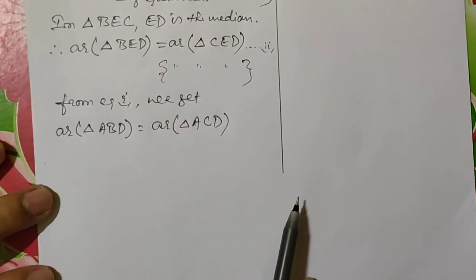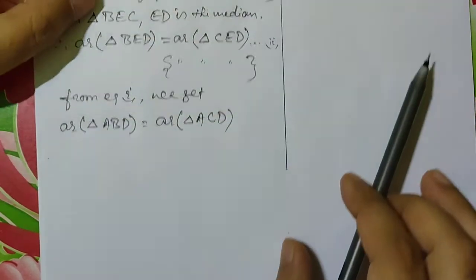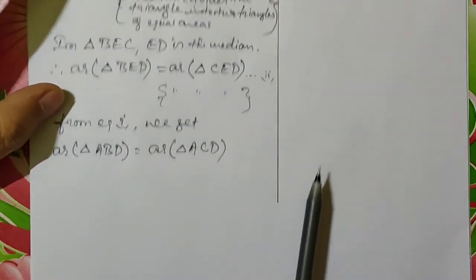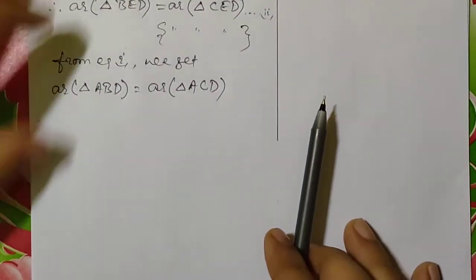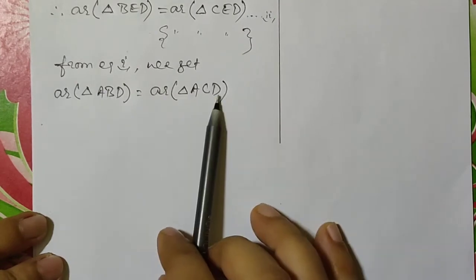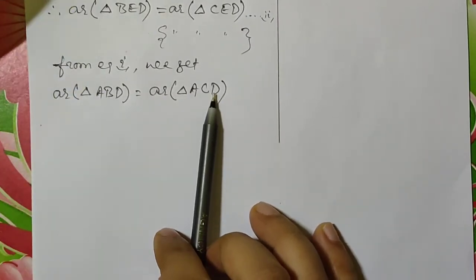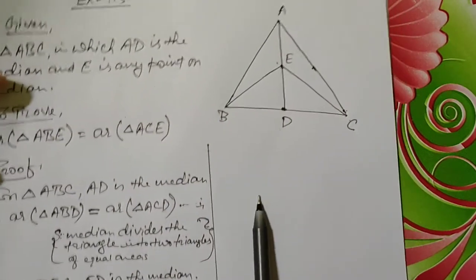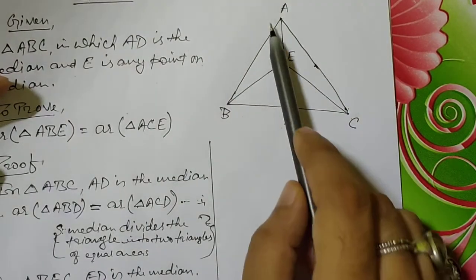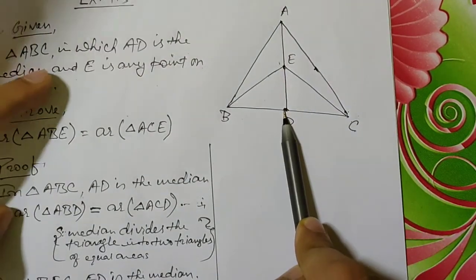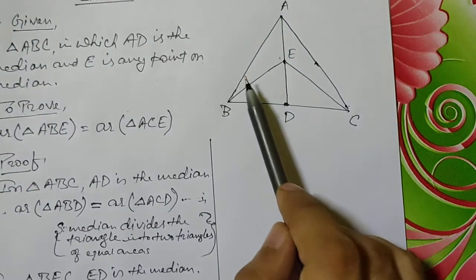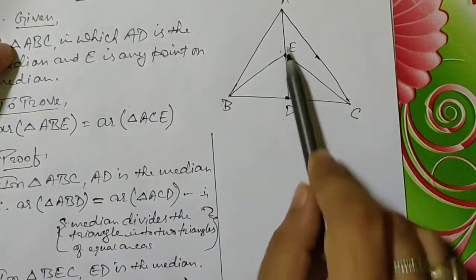Okay, see here. From equation 1, as I had written over there, we had area of triangle ABD equals area of triangle ACD. Now if you see the figure, ABD can be written as area of triangle ABE plus area of triangle BED.